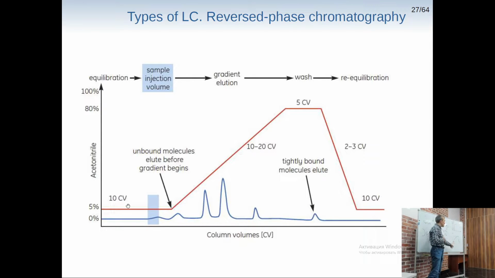So first of all, we need so-called equilibration of your column, about 10 column volumes of this first concentration, just to make sure that every bit of your column has the same concentration of water and acetonitrile. Then you can inject your sample, and anything that can't bind will just go through the column, for instance salts. As you remember, we have a problem with salts in mass spectrometry, right?